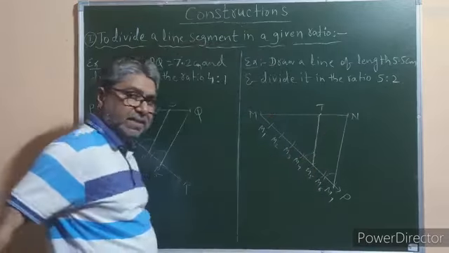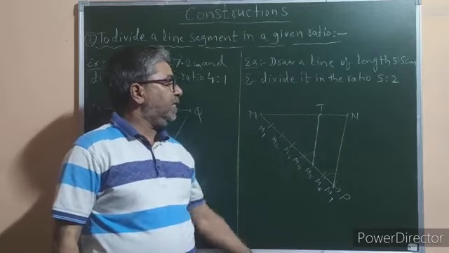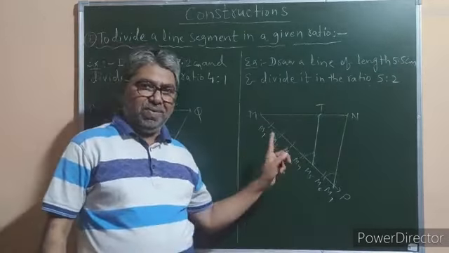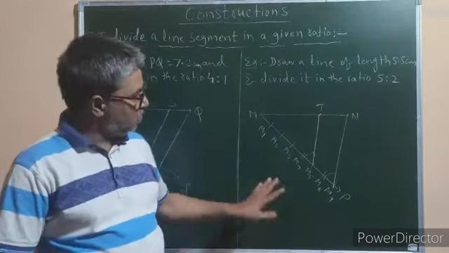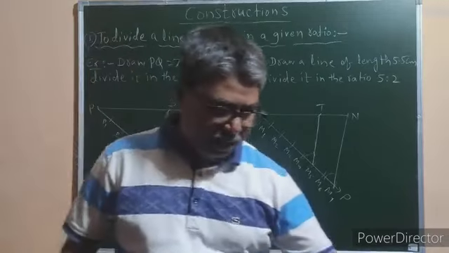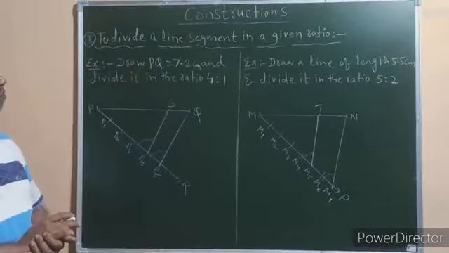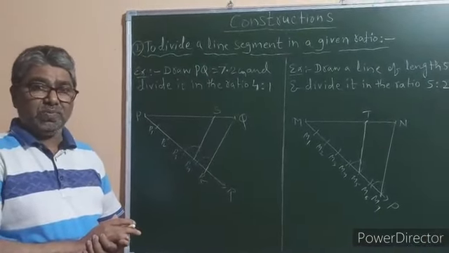You call that point as T. So here MN is divided in the ratio 5:2, where MT has 5 and TN has 2. So this is how we divide the given line segment in the given ratio.